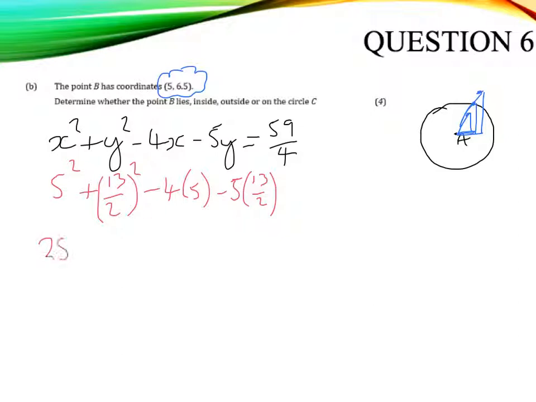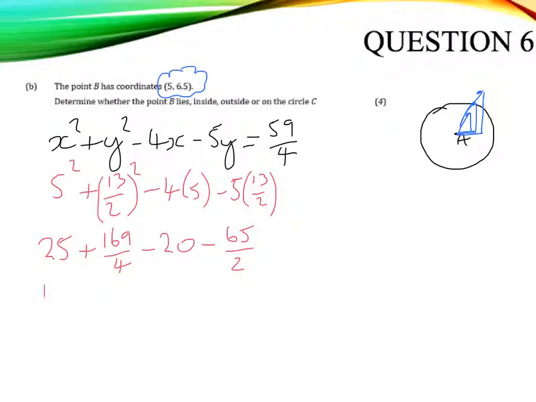So I've got 25 plus 169 over 4 minus 20 minus 5 13s are 65, so 65 over 2. Now, in order to do this efficiently, let's get it all over 4.